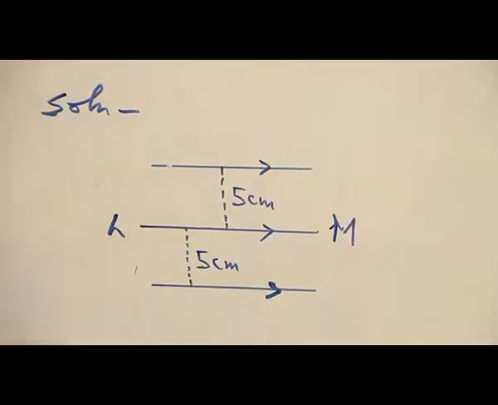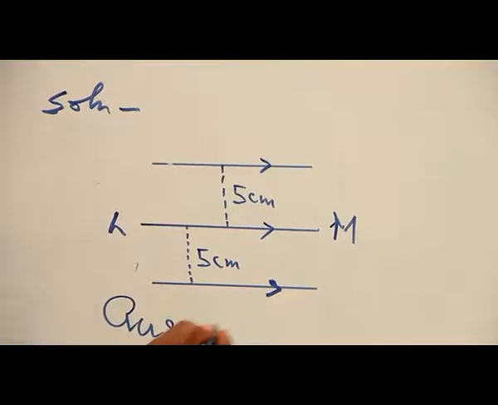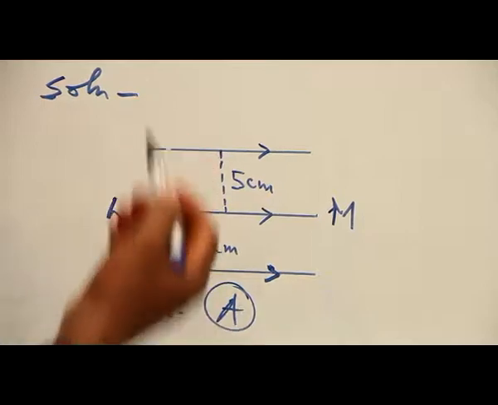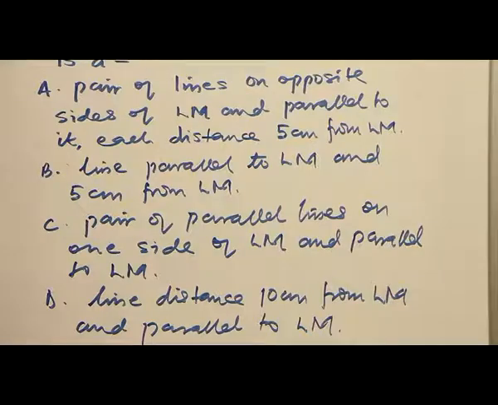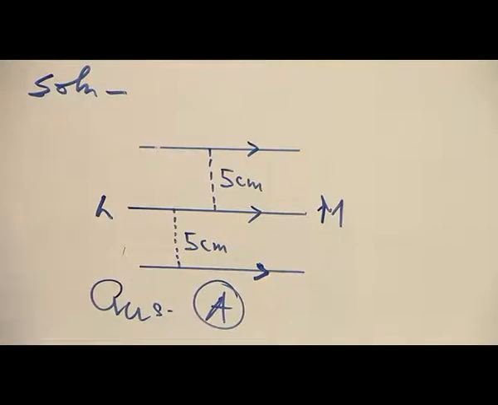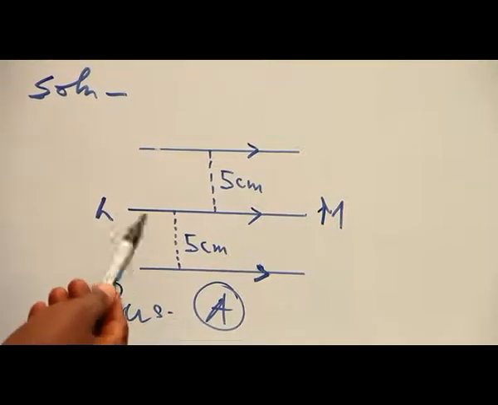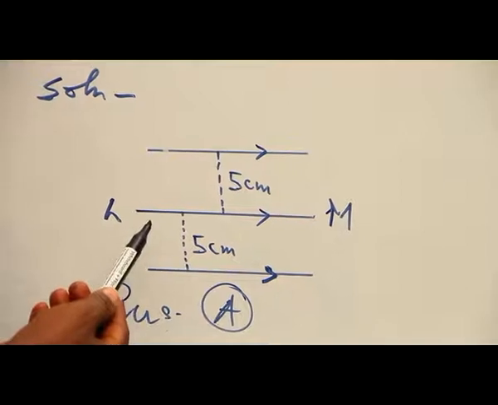So this is what we have described, and so the answer here is option A. And option A is the one I have just read out now. Pair of lines on opposite sides of LM and parallel to it, each distance 5 centimeters from LM. You can now see that we have used the features of what we described in one of the basic loci.